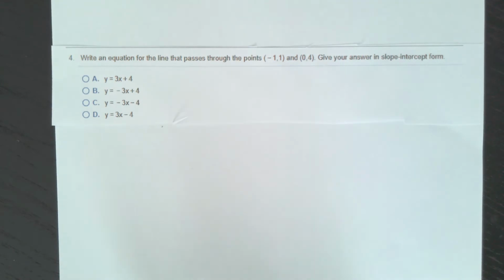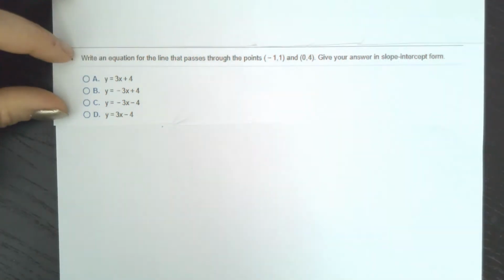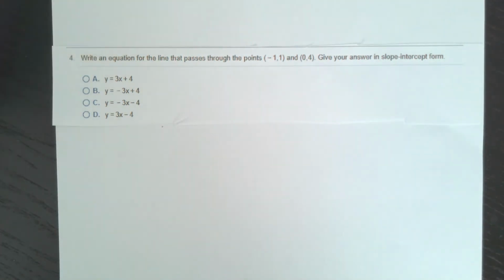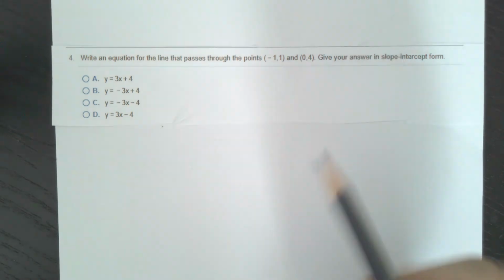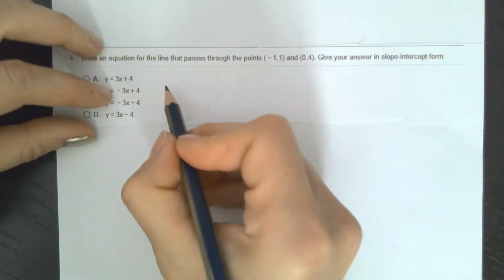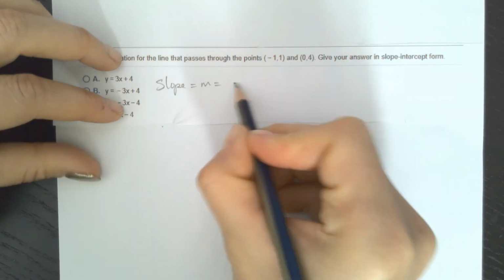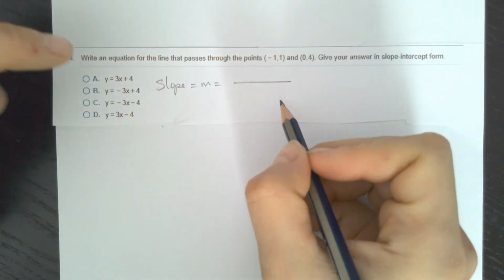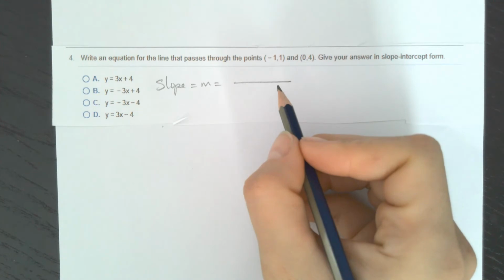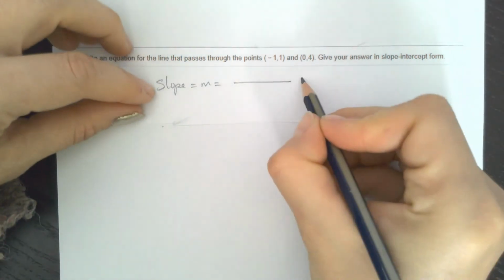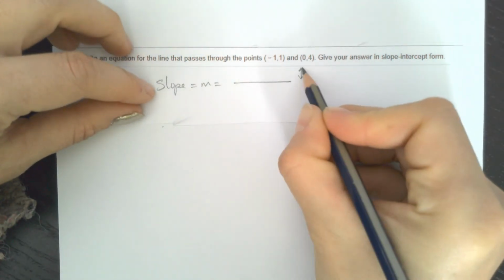Okay, it says write an equation for the line that passes through these 2 points and put your answer in slope-intercept form. So I have to first find my slope. So slope is equal to m, which is equal to, do I subtract my y's or my x's on the top? Well, I know the top number is up and down.